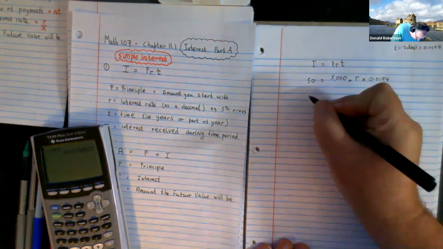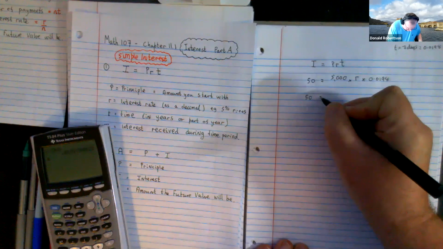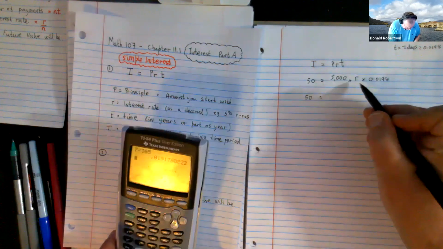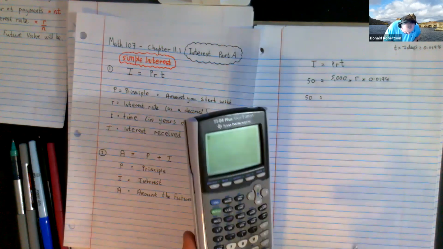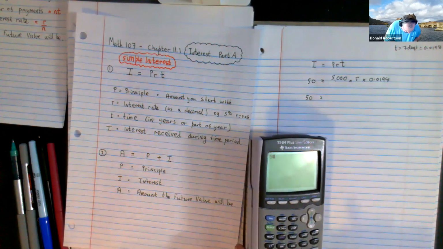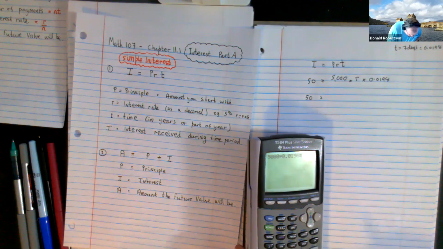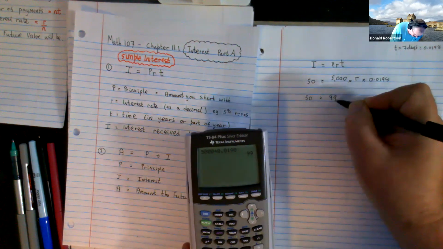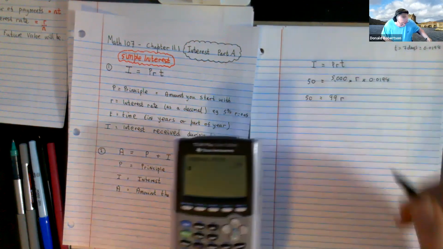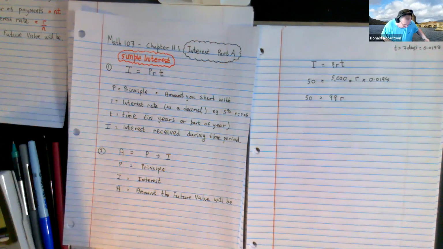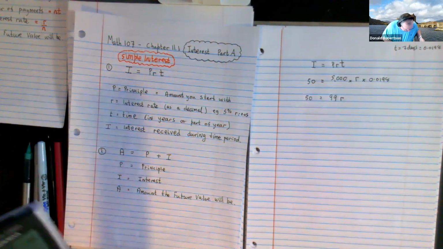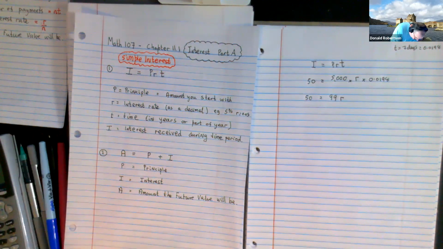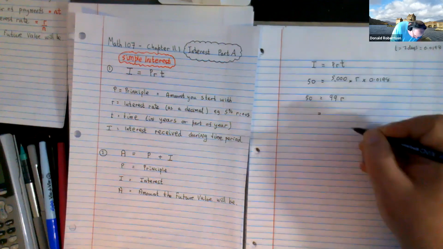So 50 is equal to that times that times that. There is going to be a little bit of math in it. So 5,000 times 0.0198 comes out to be, well, that's a very nice number, 99. Didn't realize it was going to be such a nice number. Okay, this is the math. Think of it as an equation.